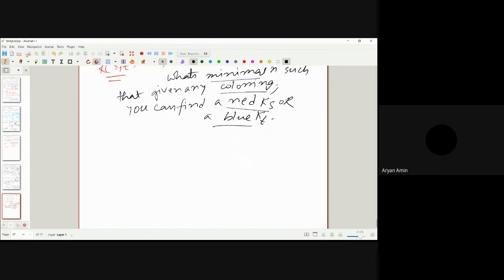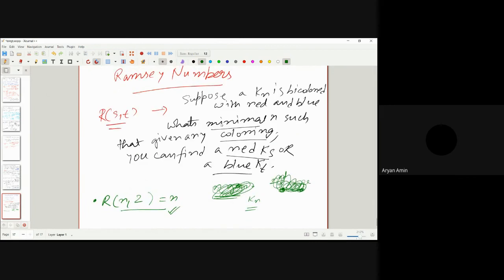So we'll mention 2 to 3 theorems on this. The first theorem is very easy: R(n,2) equals n. So if you have a Kn, and you are coloring it, suppose there is a red edge u... okay, sorry, I'm kind of hastily going through this.